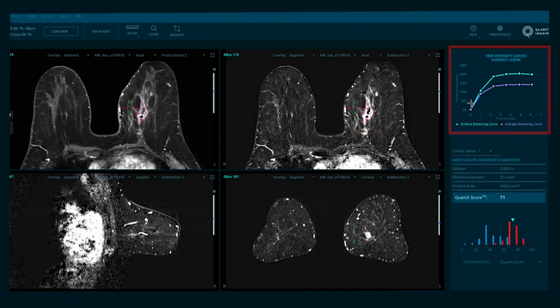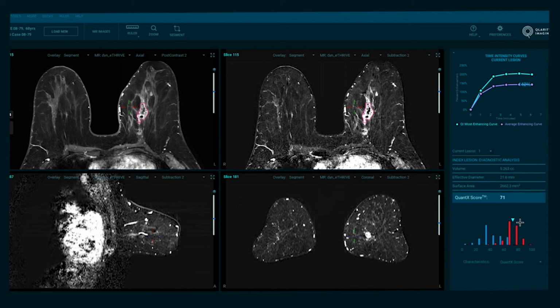We can see the most enhancing curve and the average enhancing curve. And we can see the volume, effective diameter, and surface areas that have been automated and shown here. And then the QuantX score, we can note, is 71, which is well in the malignant domain.